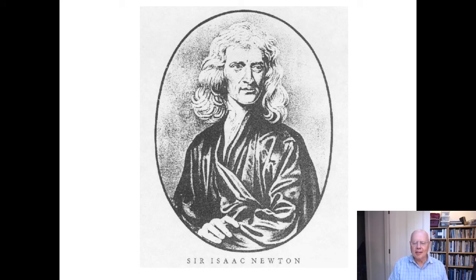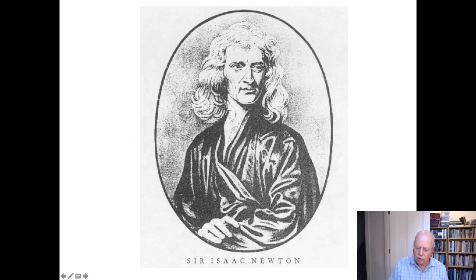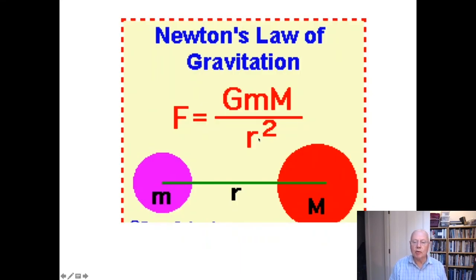Isaac Newton had the astounding insight to realize that he could explain both Galileo's observations and Kepler's observations with a simple, single universal law, Newton's law of gravitation, representing the force between two objects as a constant, G, whose value became determined exactly only much later, times the masses of the two objects divided by r squared, the distance between the two objects squared.